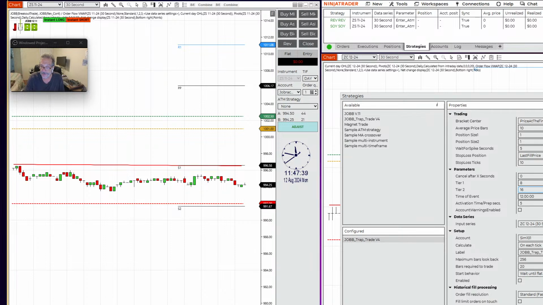The time of the event is 12 noon. Okay. Activation prep time is 5 seconds. Account warning should be off. I'm going to label it trap. I'll trade that in Buell Knox.